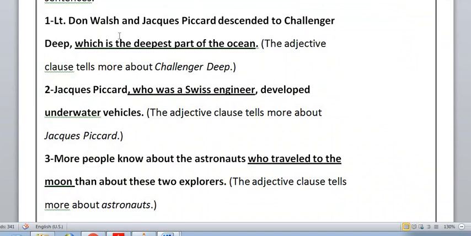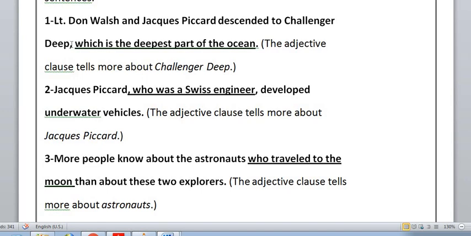Number 1: Lieutenant Don Walsh and Jack Picard descended to Challenger Deep, which is the deepest part of the ocean. If I stop at this first, what is the adjective clause? Yes, start from which: which is the deepest part of the ocean. This is the adjective clause. Imagine we delete this part.